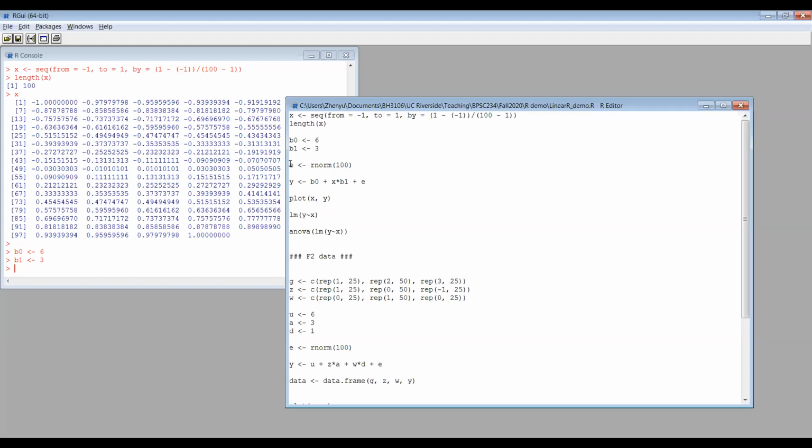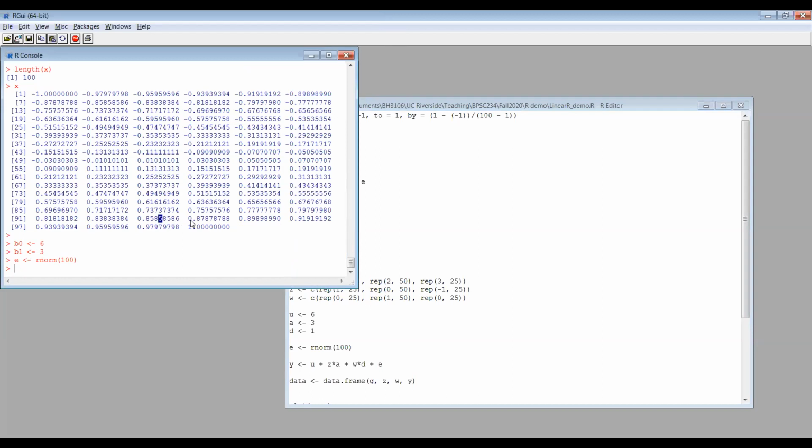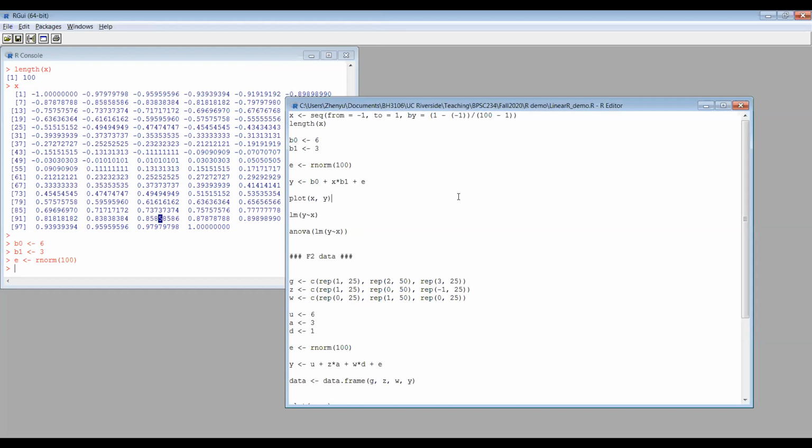Then we generate 100 random errors, which are normally distributed with mean equal to 0 and variance equal to 1. By following this code, we can learn another skill from this class: how to use a computer to generate your own data. This is called simulation. In the future, when your research involves a simulation study, you can use a computer to help you generate some pseudo data.